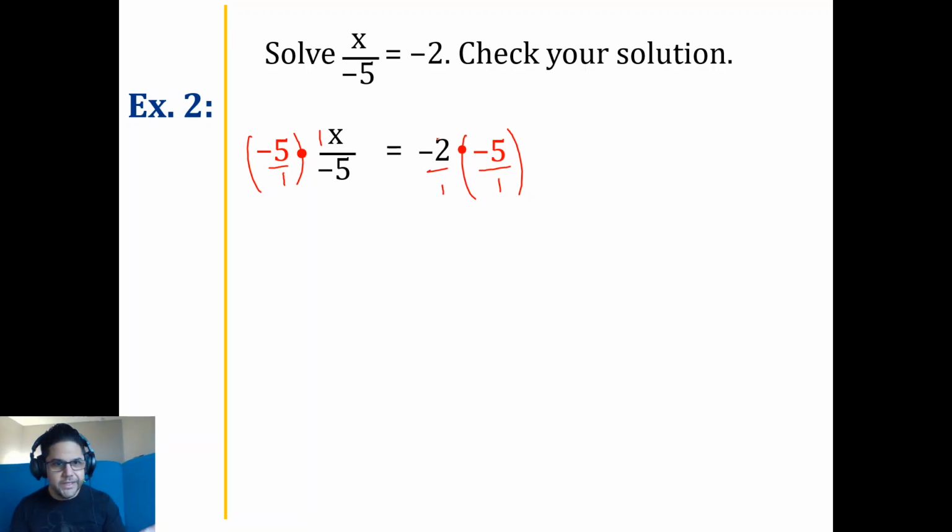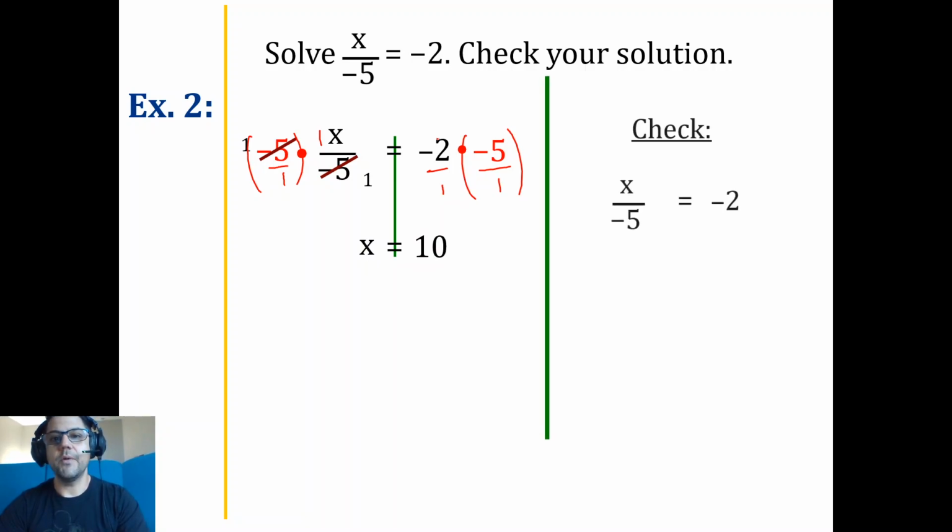Now again, the ones really don't matter right now, but later on they will. So on the left side, the -5's cross cancel, so it's just x is equal to, and then on the right side we're going to multiply. A -2 multiplied by a -5 is a 10. So when we do our substitution for the check again, we're going to place the positive 10 at the x location.